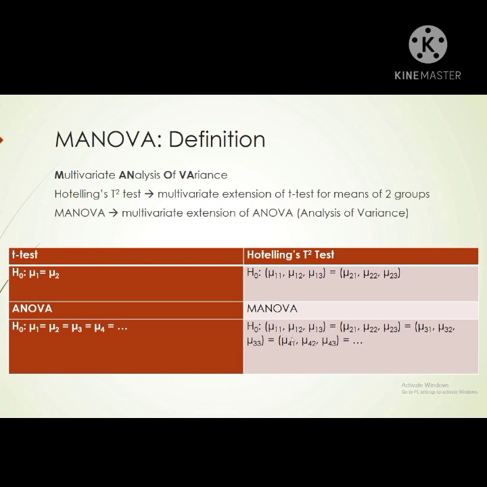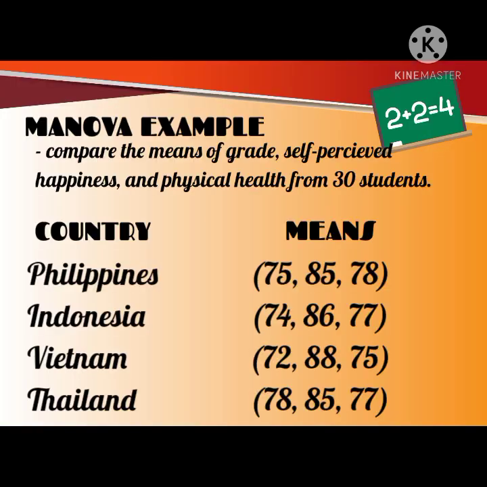So when we have mean vectors, we have three outcome variables whose means we are trying to compare with the three means from other groups, and there can be any number of groups. In other words, ANOVA includes only one dependent variable, while MANOVA includes multiple dependent variables.